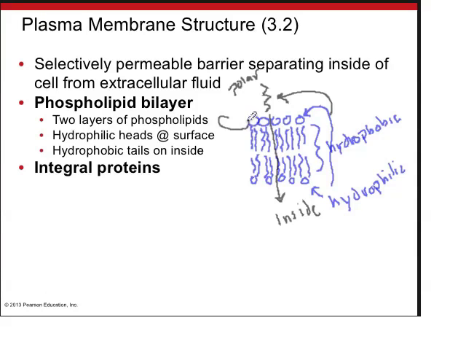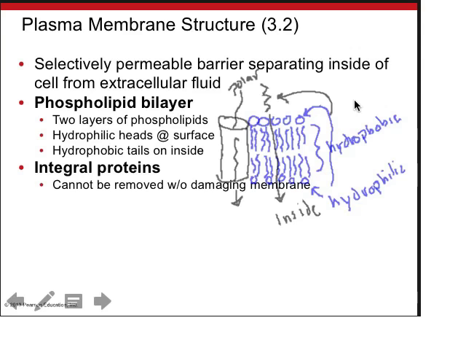So we can imagine here a protein that provides a passageway for this particular polar compound, okay, and then he can slide right into the hole and then go to the other side because there's a special door for him. And in some cases the door is always open in the case of what we call leak channels. In some cases the door can be opened or closed depending on cell conditions, and so that allows the cell to let certain things in and keep other things out as the cell's needs change.